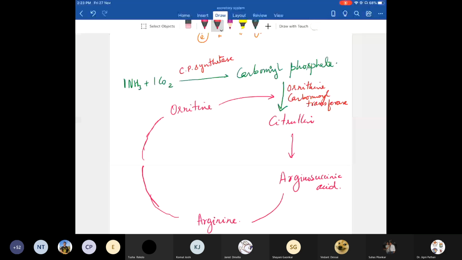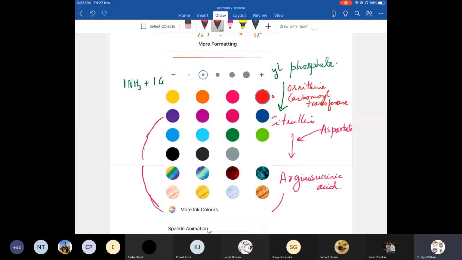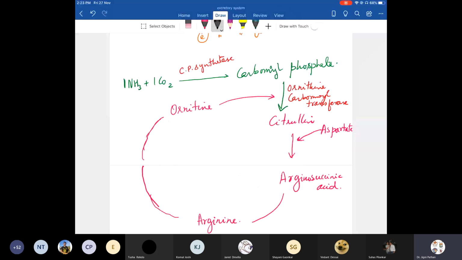Next, there is addition of a molecule called aspartate. The enzyme here is, write down in a different color, arginosuccinate synthetase.